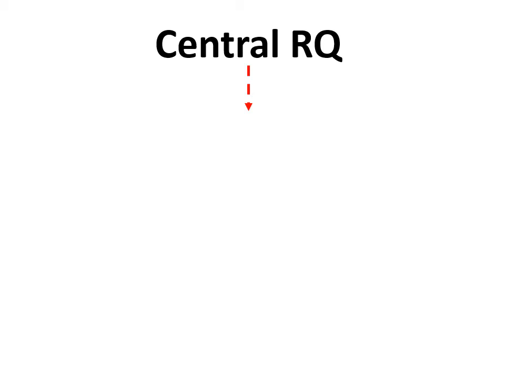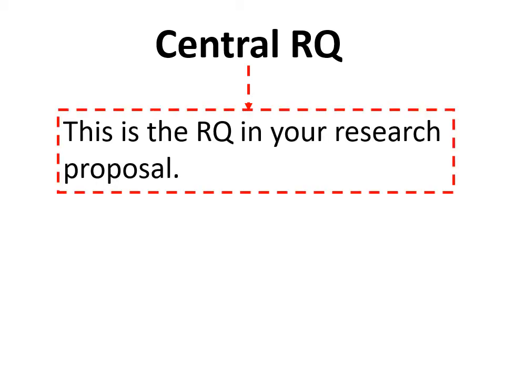So first, as you were writing your annotated bibliography, and then as you were writing your literature review, it's possible that your research question has changed over time and has probably become more focused. So the central research question is the research question identified in your research proposal. So that's what you're writing for the end of the semester.